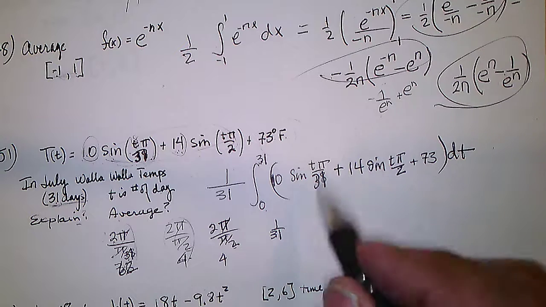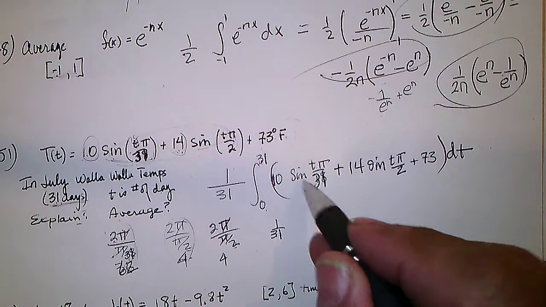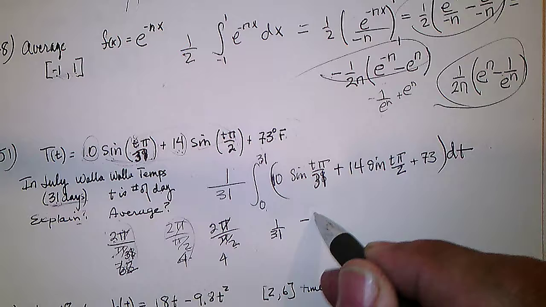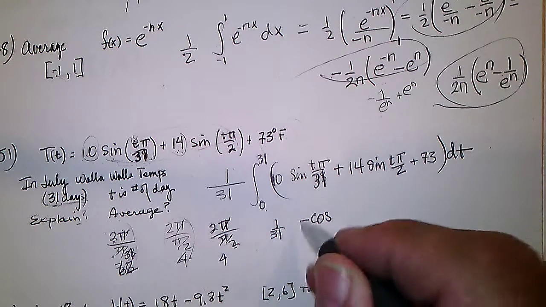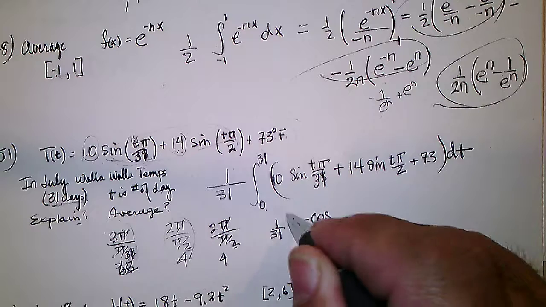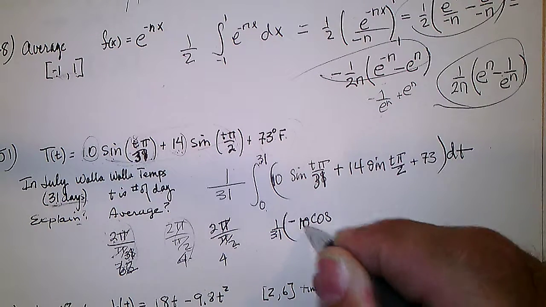Integral of this, integral of sine, derivative of what is sine, that'd be negative cosine. We'd have the 10. So I'm going to put the negative out further here. We have 10.